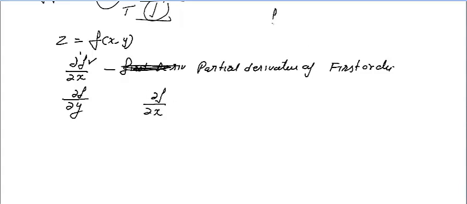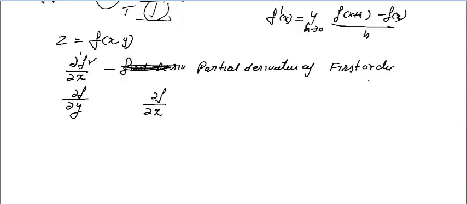You know that the derivative of f(x), when f depends only on x, is f(x+h) minus f(x) upon h, limit h approaches 0. So what you will do here, very interesting to see. Now your function depends upon x and y also.